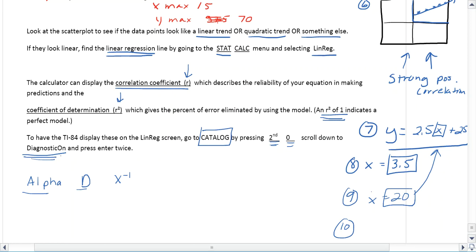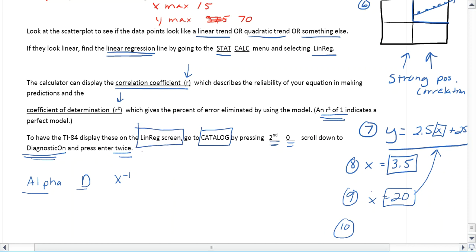Scroll down to diagnostics on, and you need to hit enter twice. You hit enter and it asks you if you want it, and you hit enter again. After you hit enter twice, the diagnostics are on. Then the R and the R squared will appear on the LinReg screen.